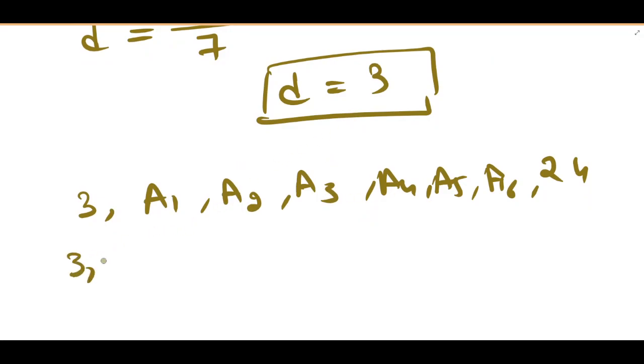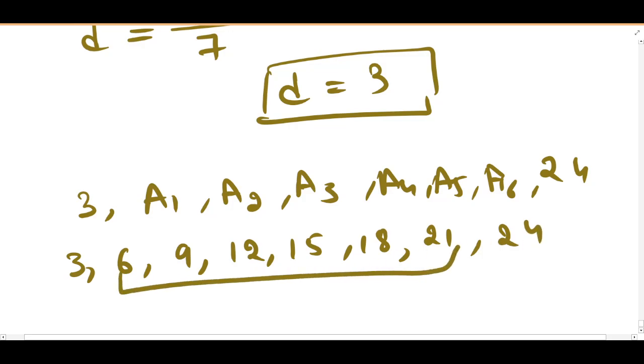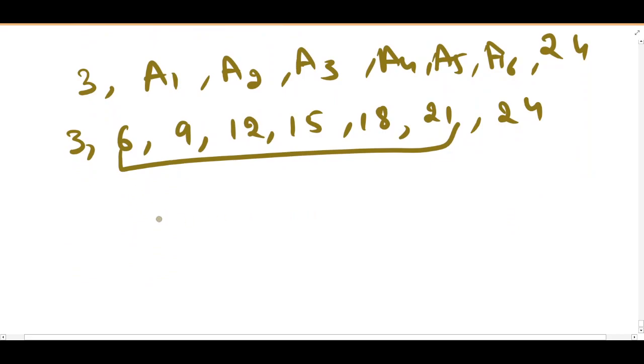Writing the sequence: 3, a1 through a6, and 24. Adding 3 to the first term, we get a1 as 6, then 9, 12, 15, 18, 21, and 21 plus 3 is 24. So these are the 6 terms which are in AP: 6, 9, 12, 15, 18, 21.